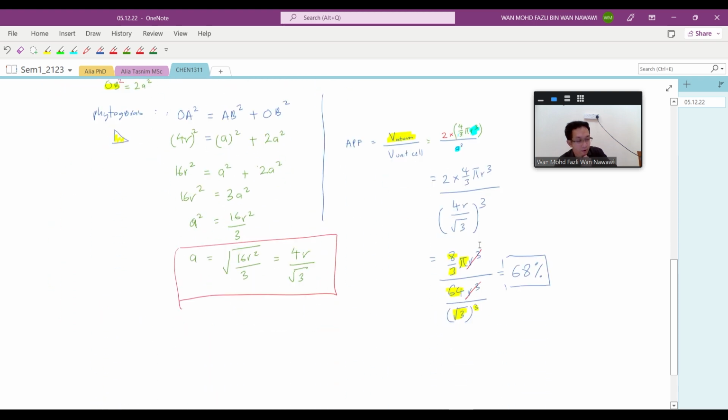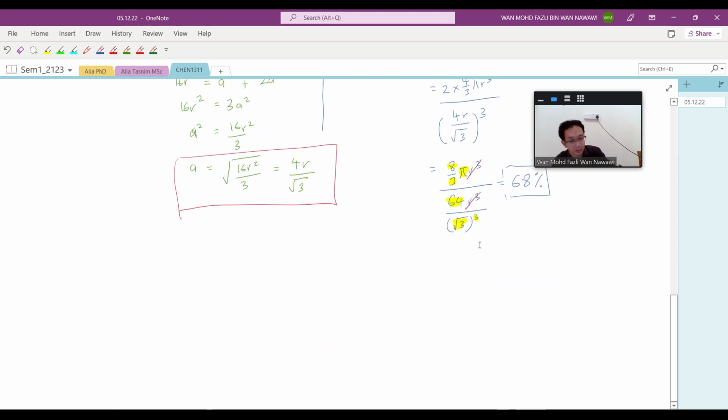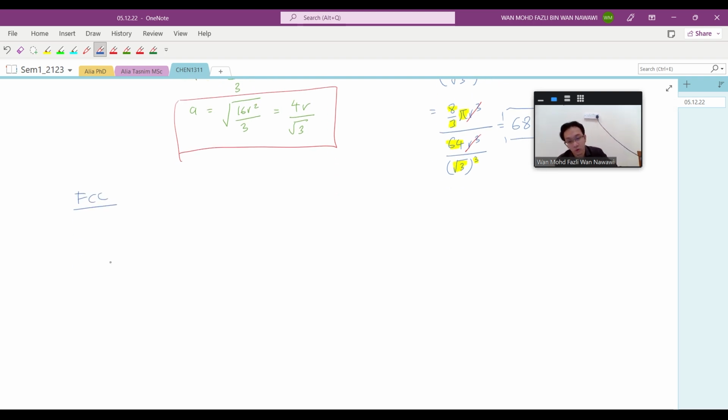Okay, now for the FCC, face centered cubic, let's do it for the face centered cubic. This is quite easy. Face centered cubic is easier because of the image of the face centered cubic. Let me open it first. Okay, so this is the face centered cubic that we learned before.